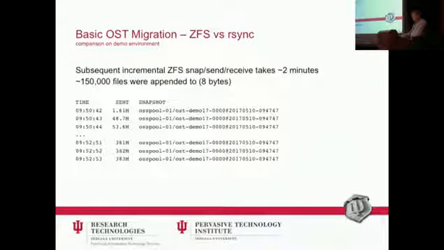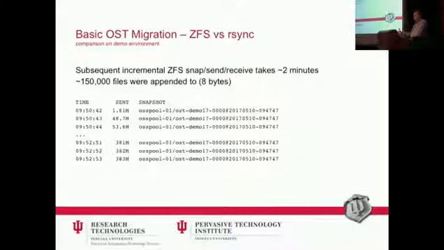And so what we did is we then took that OST 0000 and we modified about 150,000 files of the 1 million files, and we just appended 8 bytes to the file. So it was a very small data update, to about 15% of all the files there.